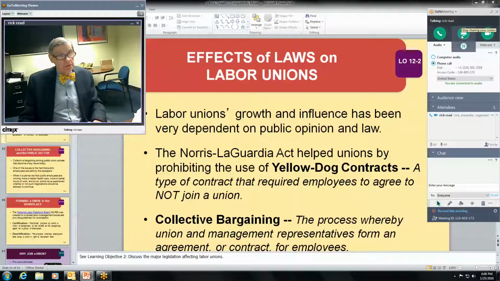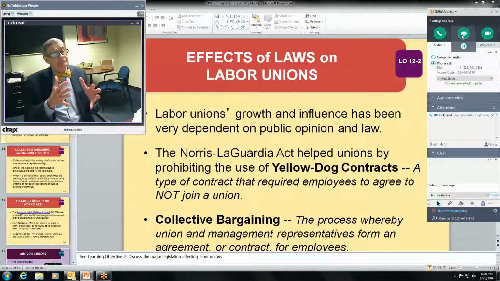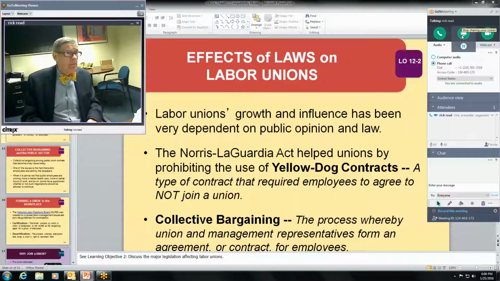Notice here that labor unions have not grown, it's sort of regressed, based upon public opinion. And right now, public opinion is not necessarily anti-labor, but we really don't need it. So we had some issues before.